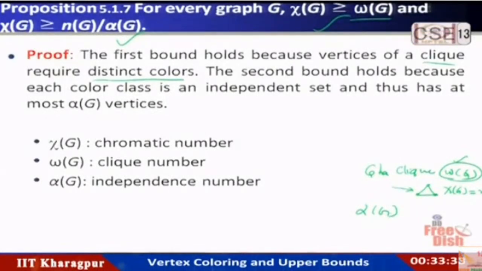So at least that many colors are required, because each independent set will be given a separate color. Total number of vertices is n of G. If we divide n of G by alpha of G, then at least that many colors will be required. Hence the second bound is also proved.